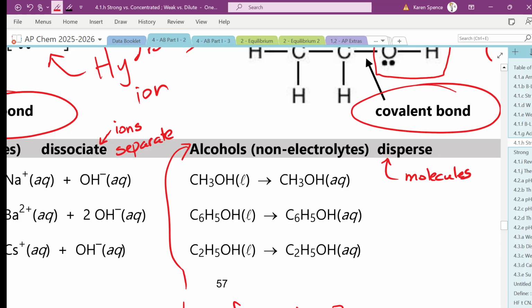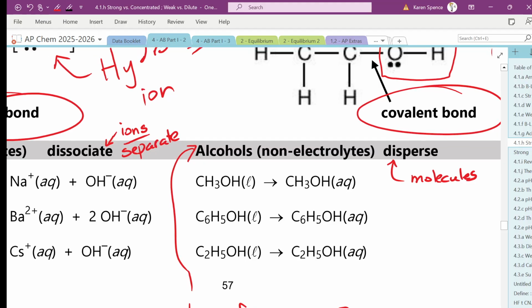Particles? Is it okay if we say particles? Yeah, although these are ions, and ions are also particles. Molecular compounds are the ones that disperse. So like sugar, you take sugar and you dissolve it in water. Each molecule is still a sugar molecule. It has not split apart into different atoms or groups of atoms. It's still an intact sugar molecule.